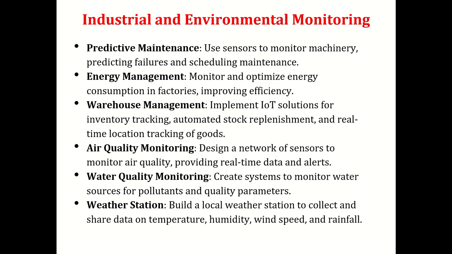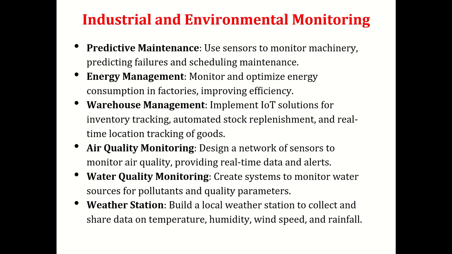The machines are continuously monitoring their performance 24 by 7, and then they predict the failures so that they can maintain the scheduling, like turbines, for example. They need to be monitored for when they are going to fail. There is a possibility that minute cracks may lead to huge damage to the entire power plant.